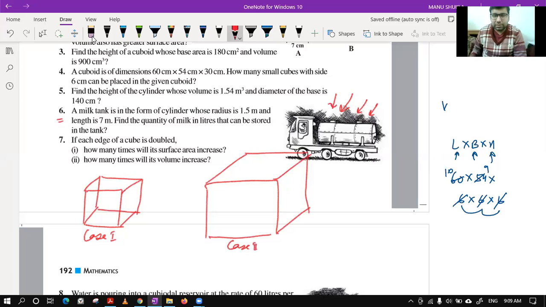What they are saying is, if each edge of a cube is doubled, so earlier if I take the edges as a and a, that means length is a, breadth is a, and height is a. And the next case, if I take the length as 2a, the breadth as 2a, and the height as 2a.